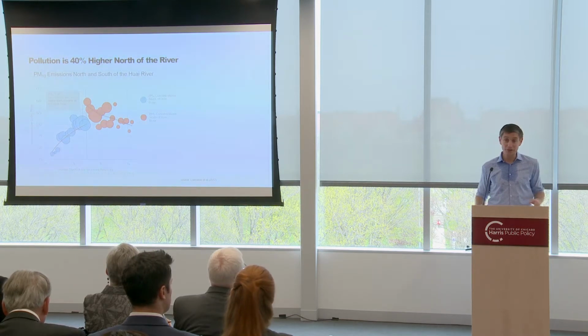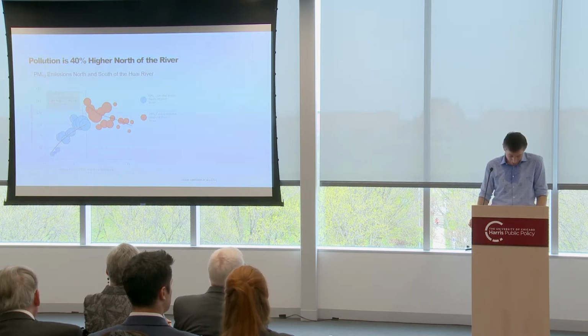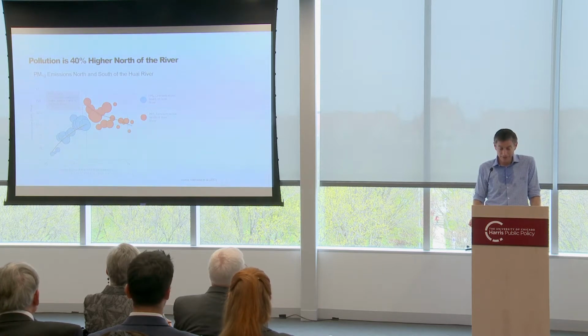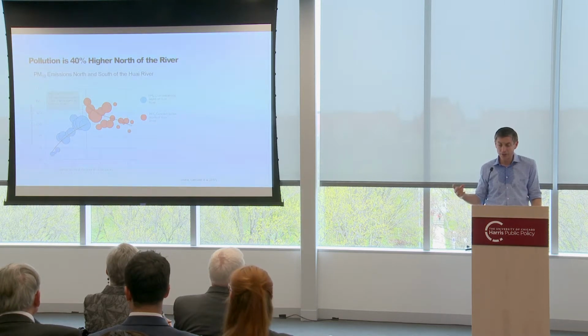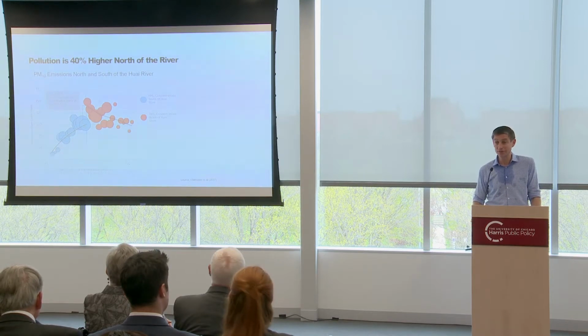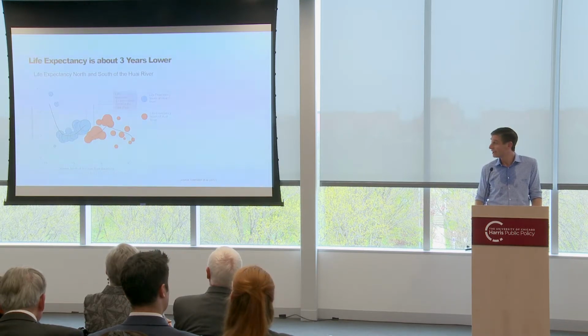Okay, so the second figure, which is the key part of the paper, aims to make the same figure, except now looking at life expectancy. The striking thing is that there's almost a mirror image.